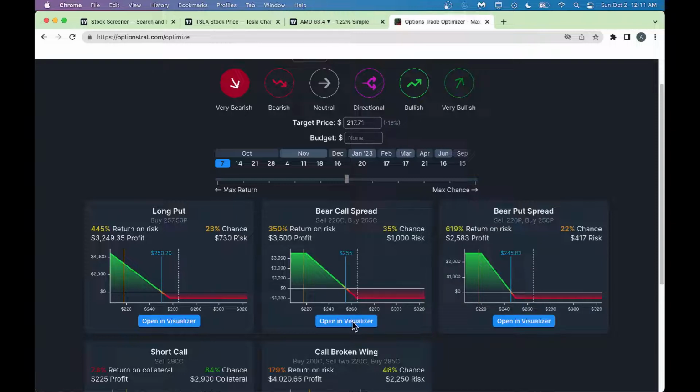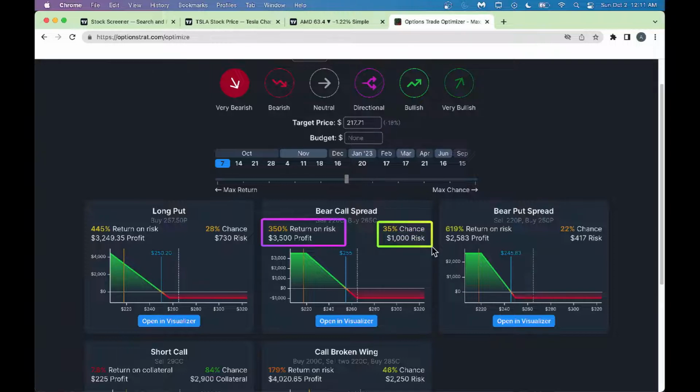Look, from a bear call spread perspective, one of the reasons I love bear call spread here, you got a nice return on risk here, 350% return on risk. You got a nice 3,500 profit here. You got 35% chance of break even here, which is not bad.